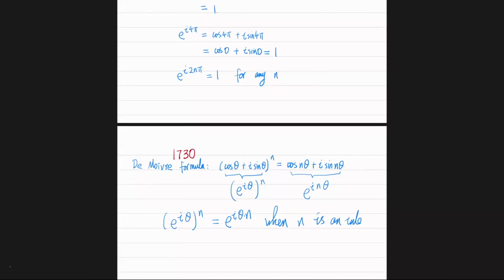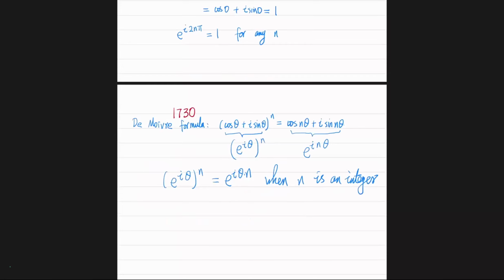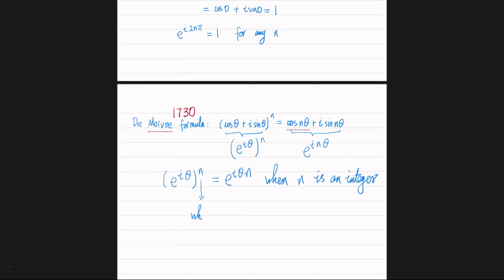We cannot go any further. Let's check one case. What happens if we allow complex numbers?